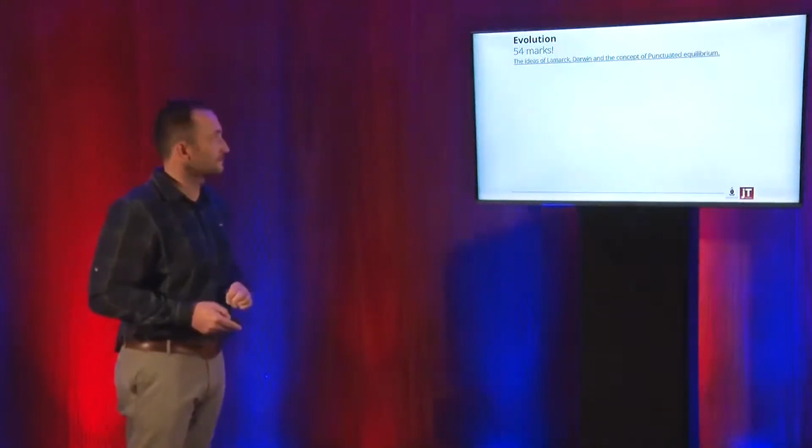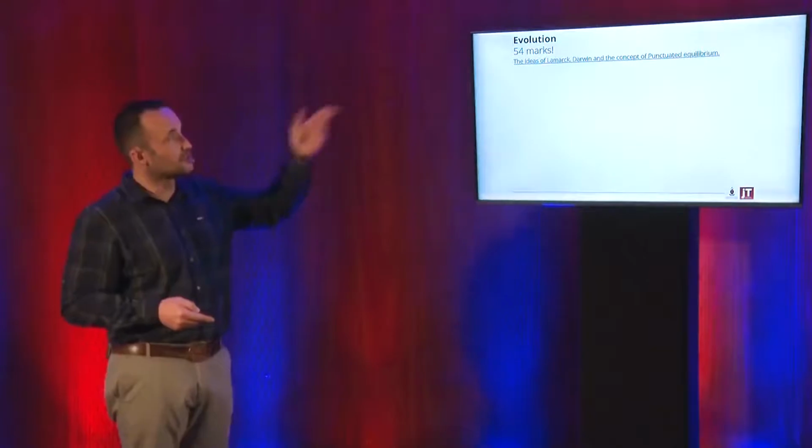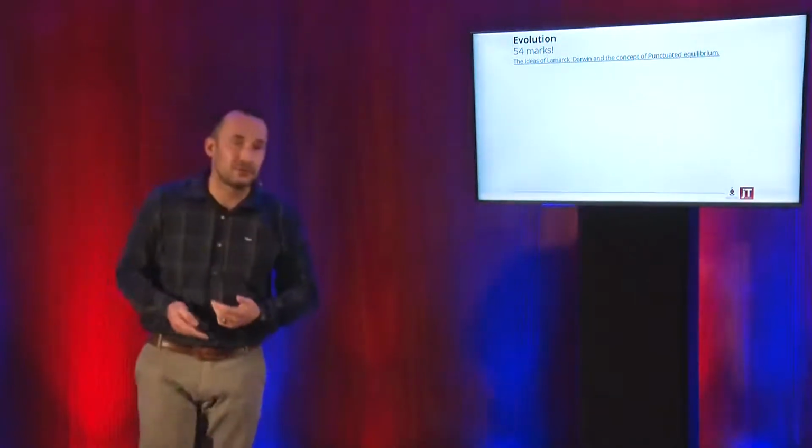The ideas of Lamarck, Darwin, and the concept of punctuated equilibrium in our understanding of evolution are very important. I've seen many final exam papers asking questions on each one of these. We generally focus on either Lamarck or Darwin, but punctuated equilibrium, in terms of a definition, is asked very often.